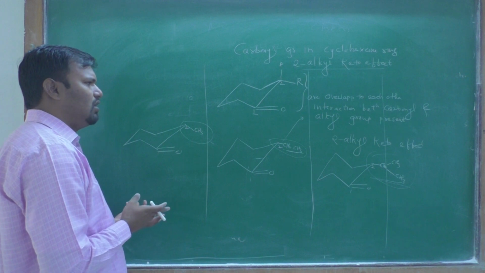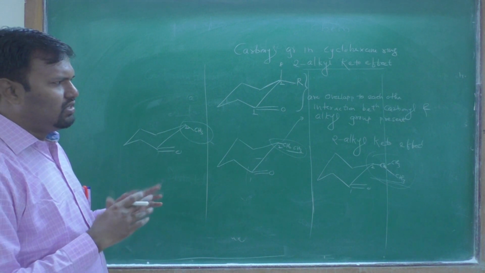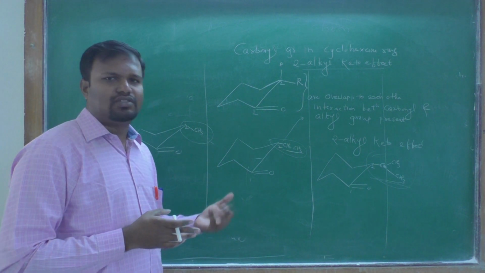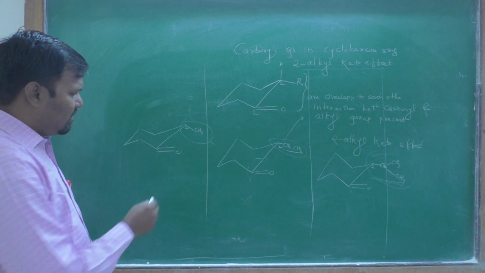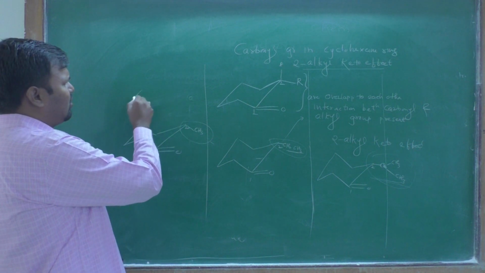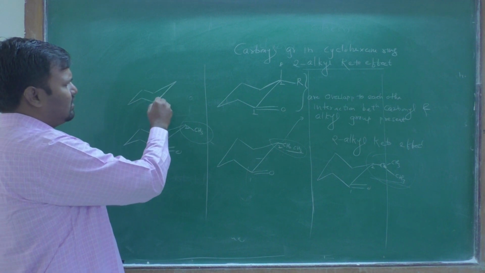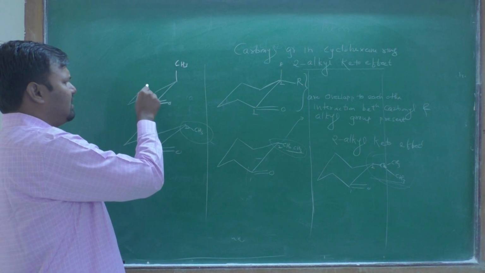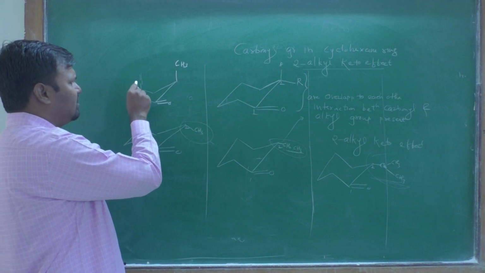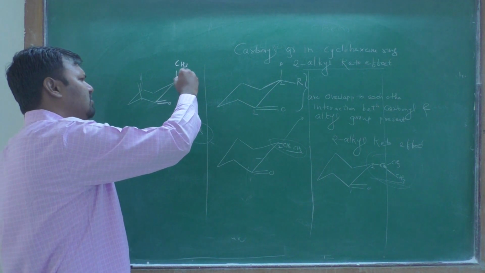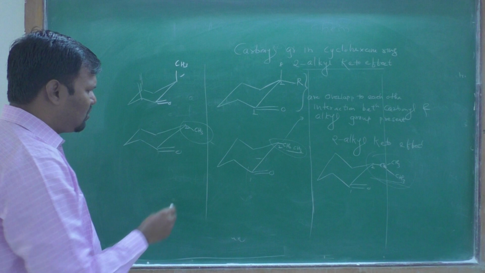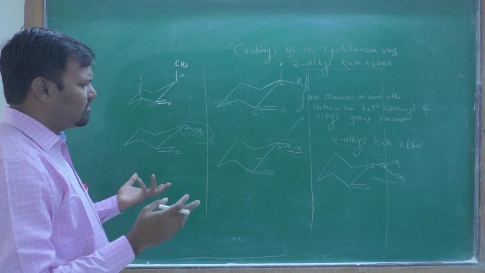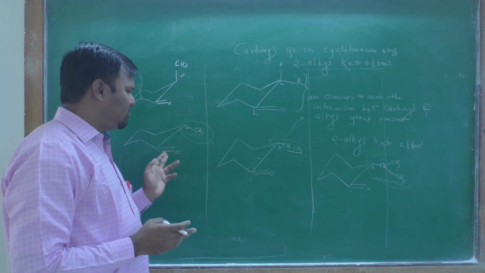We have studied that due to the 2-alkyl ketone effect there is an interaction between the carbonyl and the alkyl group, therefore the energy of that molecule increases. If you compare it with the acyl one, in the acyl one there is a 1,3 interaction, so its energy is no doubt higher than this, but this molecule's energy also increases due to these interactions.